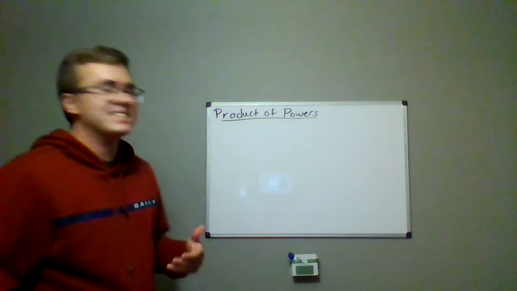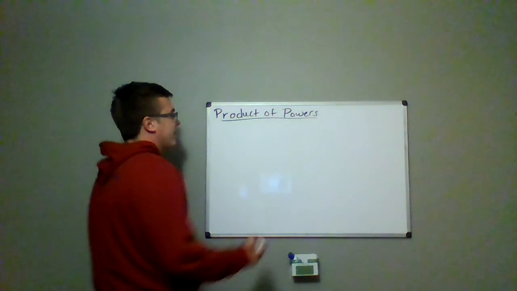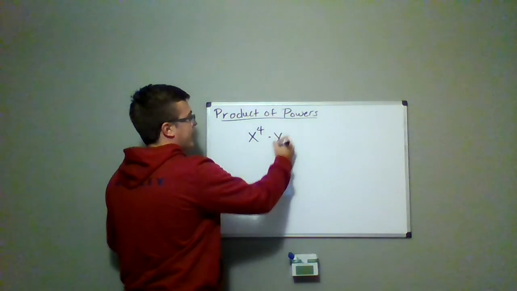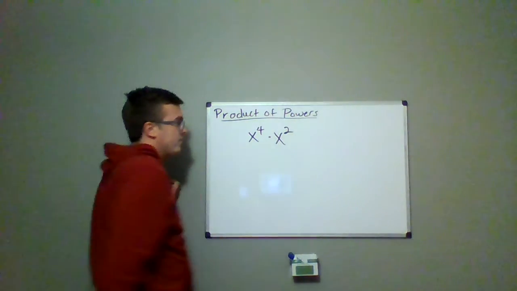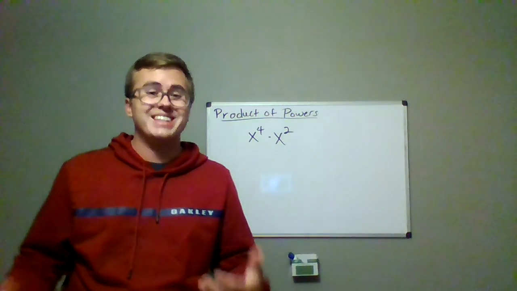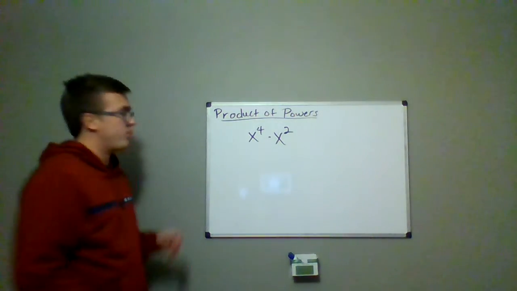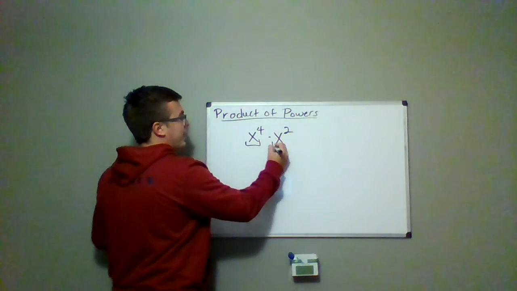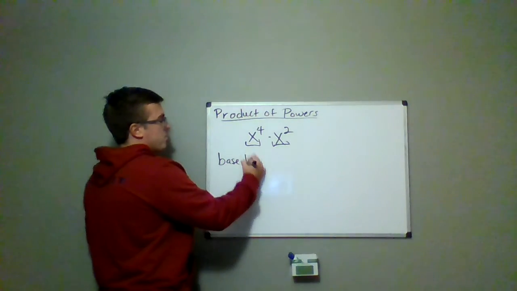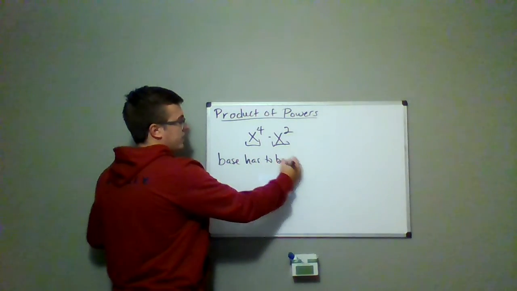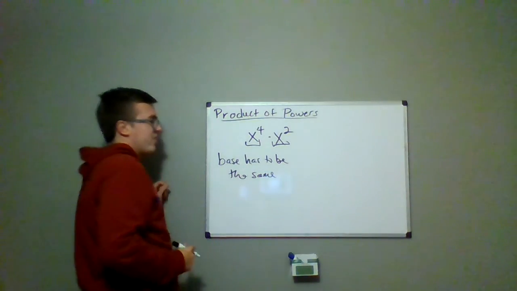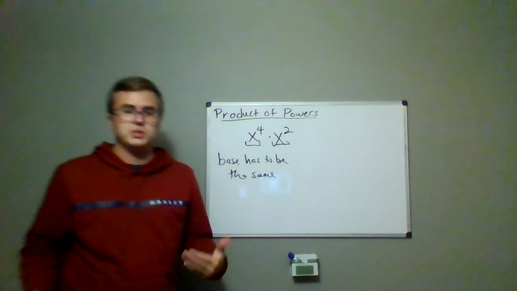What that means is if I have something along the lines of x to the 4th times x squared, I'm looking at two things, and we've talked about this vocabulary before. I'm looking at the base. The base has to be the same. And then they're combined through multiplication.